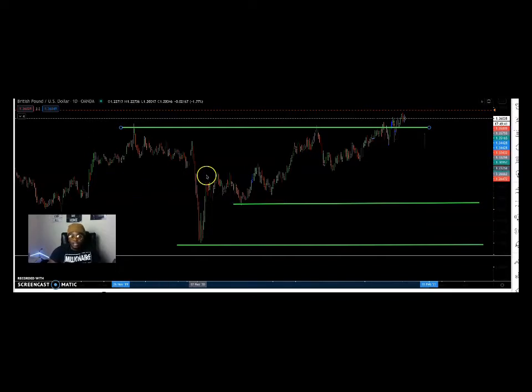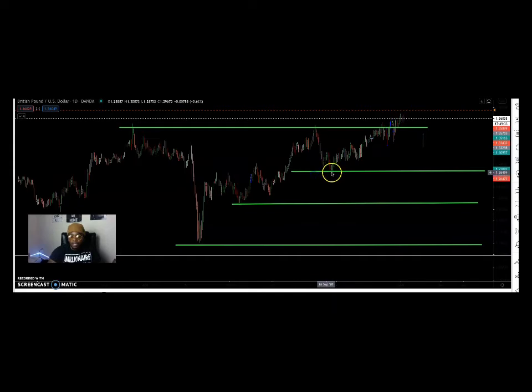And this is another reason why I don't trade without indicators, because of all these lines, and it gets confused a little bit. Okay, so here, boom. Bounced off of here, bounced off of here, bounced off of here. Nine out of ten is probably gonna bounce off of here and keep going.